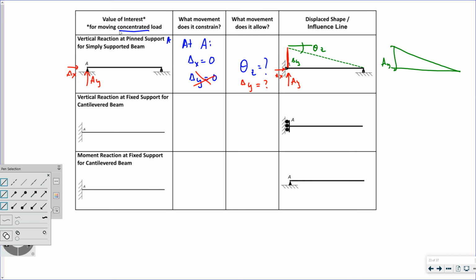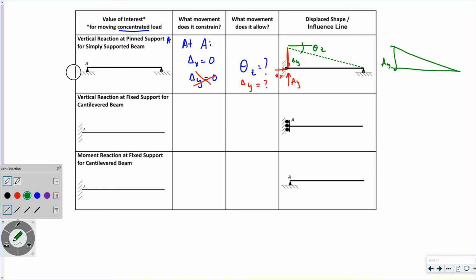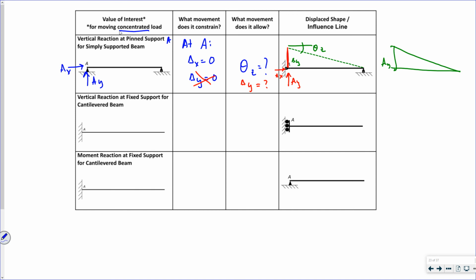All right, let's look at, I kind of want to make that blue. I'm going to do that. Okay, now I have a cantilevered beam.